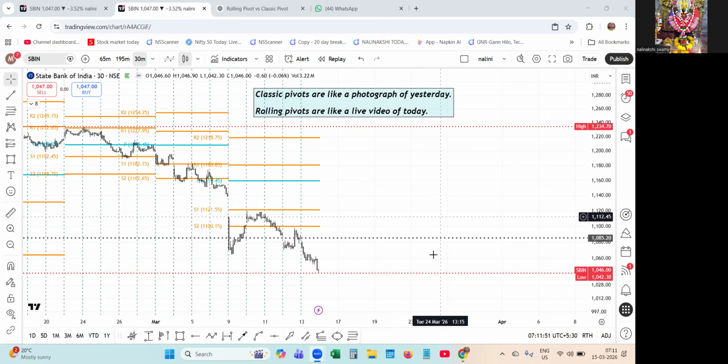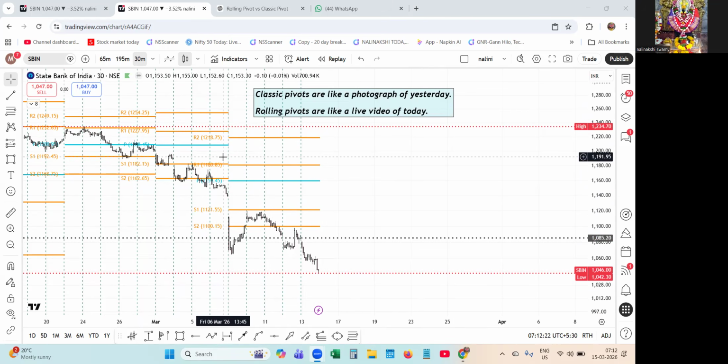If I place the cursor, it's the second, third, fourth, fifth, and sixth of March. You are getting a pivot here, R1, S1, S2. You cannot actually relate the 4 days to an intraday time frame. You will not be able to relate it. That is the limitation.